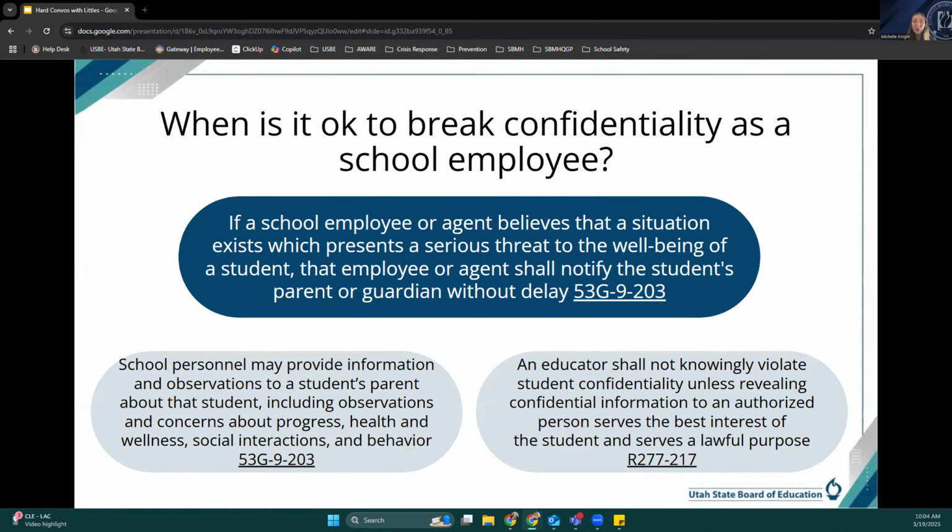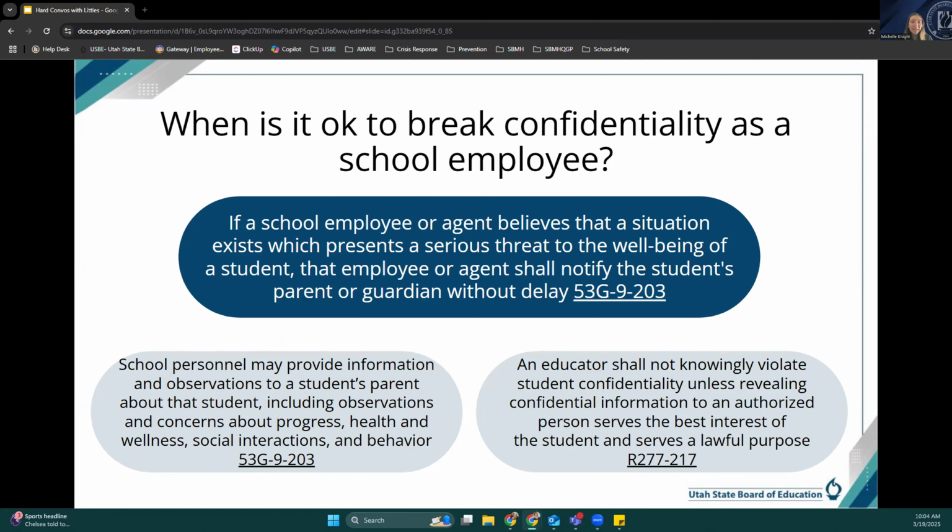When is it okay to break confidentiality as a school employee? Here is some information and the codes that it is listed on. 53G-9-203 is the Utah code. R277-217 is the USBE code.